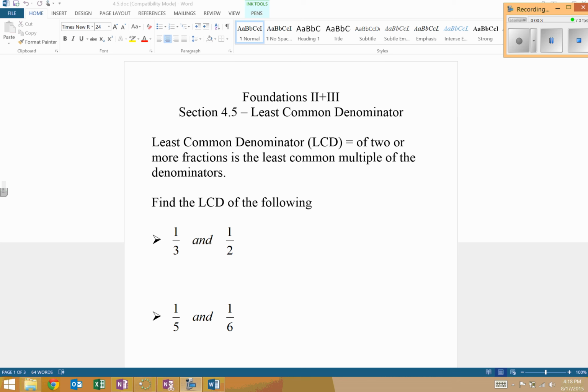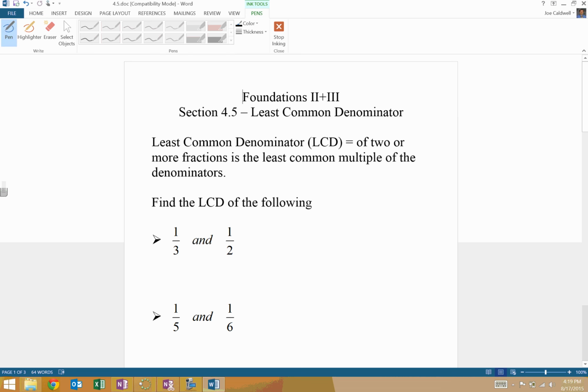So we want to try to find the lowest common denominator of some of these examples here. So I'm going to rewrite this. You can either list them out or you can just know them, that's fine.